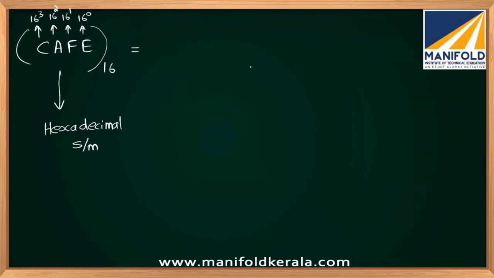So if you want to calculate the decimal value, it is C multiplied by 16 cube. But you need to understand what the value of C is. You need to actually do it in the decimal operation. C represents which decimal value? C is a symbol used in the hexadecimal system, but it has an inherent value in decimal.